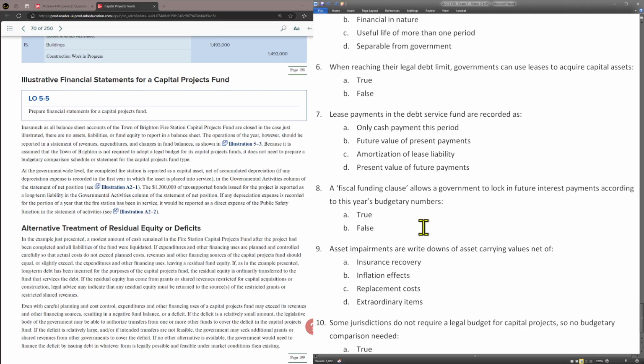So the fiscal funding clause allows that to preserve that concept: if they do not fund the project next year, then they can cancel it without being locked into it. So this is false.